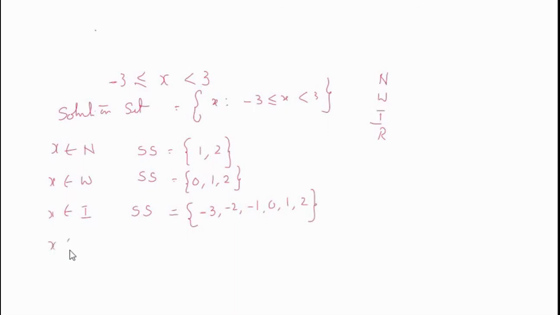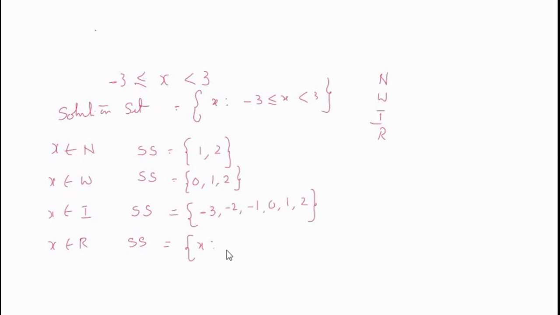When x belongs to real numbers, the solution set is, we cannot write real numbers in roster form because it includes not only all these integers but also all the possible decimal numbers in between the integers. So it has to be represented in set builder form only.